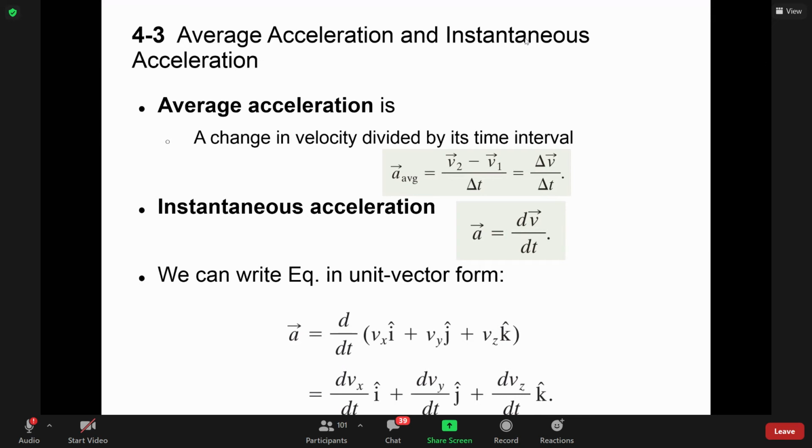Question from Faisal: can I get instantaneous velocity from speed? If I understood your question, if you have instantaneous velocity, take the magnitude and you get instantaneous speed. You're asking me about the opposite? No, that's difficult. If I tell you the instantaneous speed, you have no information about direction.